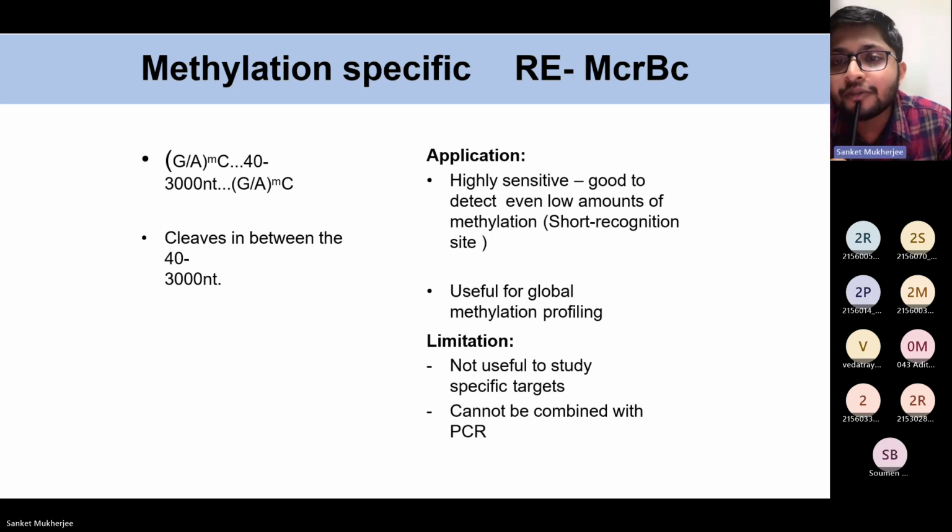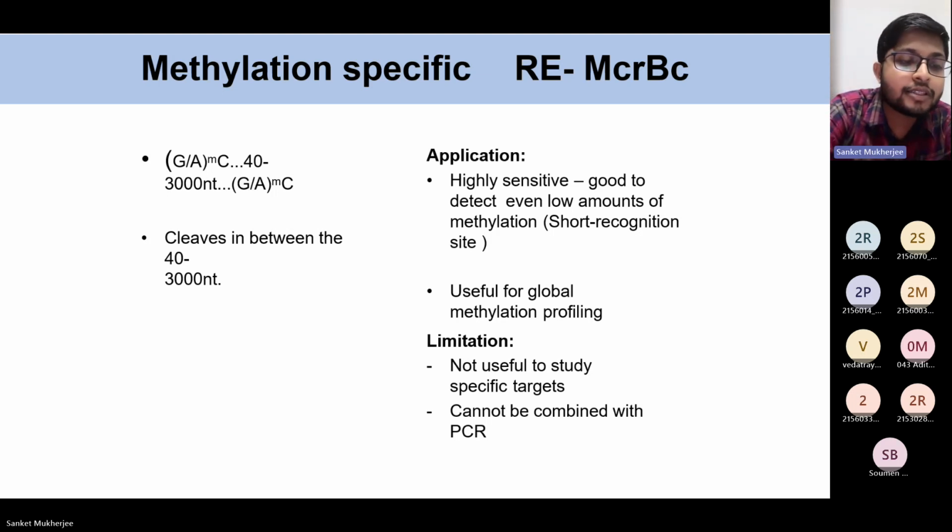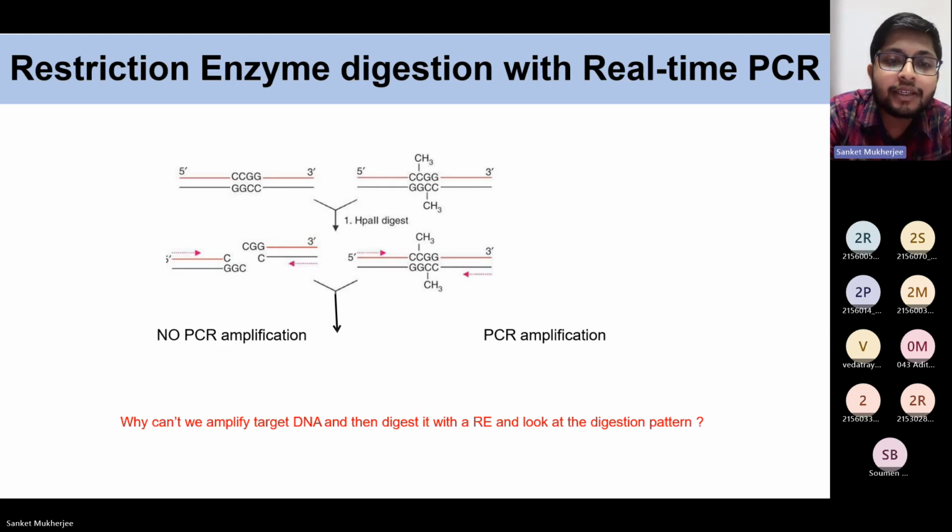I think you people are not really following this. Maybe this cannot be combined because if it doesn't cut at specific targets, then we will not be able to amplify a particular gene of interest. Yes, that is correct. That is one reason. Another thing is methylated DNA is getting cleaved, right? Yes, sir. Let's say we interchange the position here.